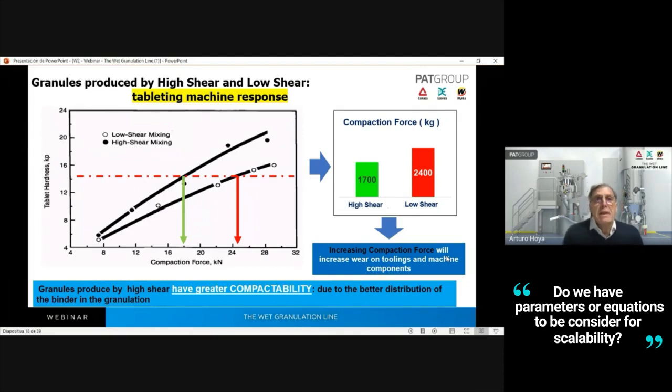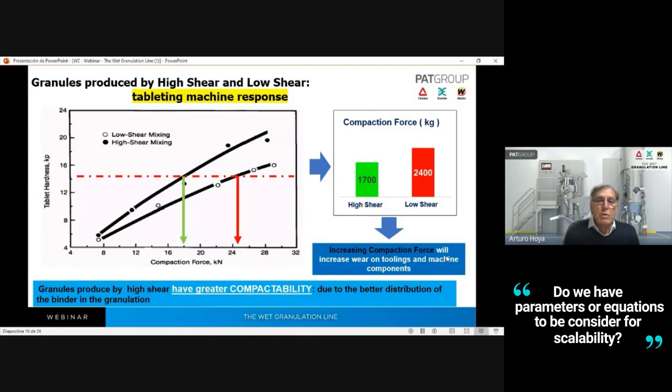Tip speed is the speed or velocity of the point on the impeller around the base of the bowl. The tip speed is the revolutions of the impeller times the diameter of the impeller.